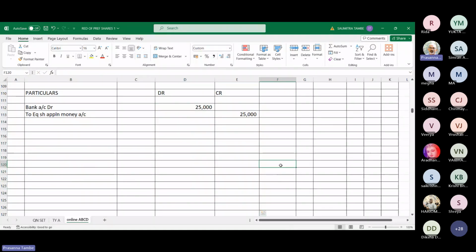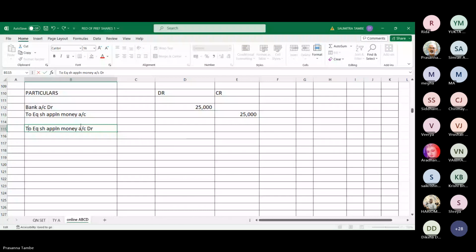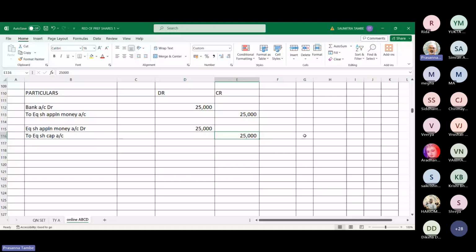So my next entry will be equity share application money account debit to equity share capital account. Bank account debit to equity share application money, and then equity share application money account debit to equity share capital. So we completed the fresh issue of shares.